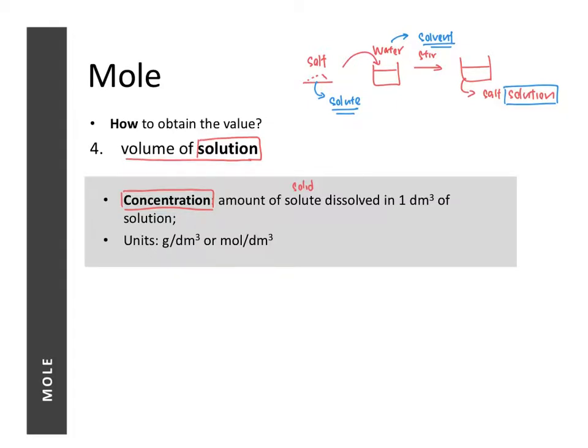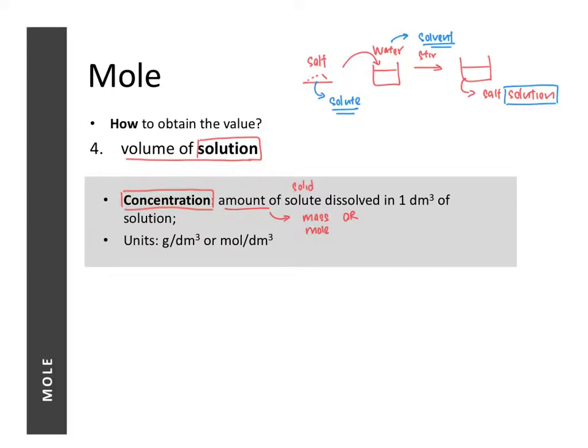When I say amount of solute, I could mean the mass, so the mass of solid that's dissolved in 1 dm cube of solution, or I could mean the number of moles, so the number of moles of solid that's dissolved in 1 dm cube of solution.